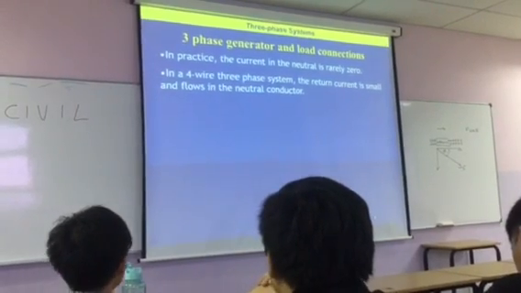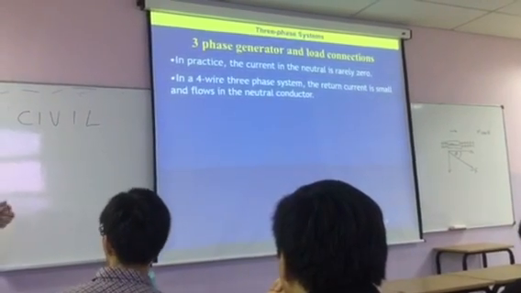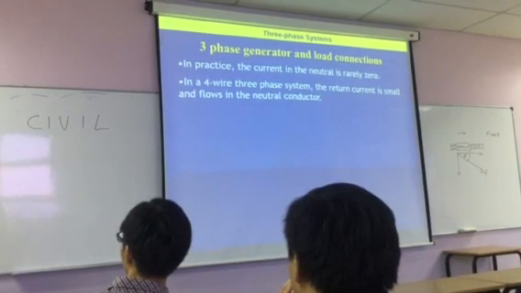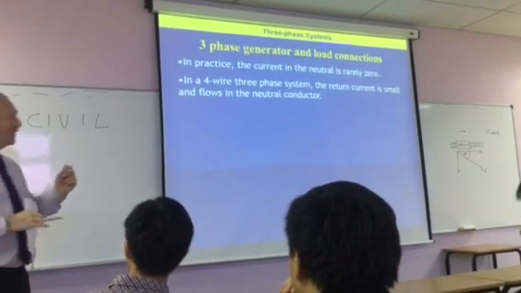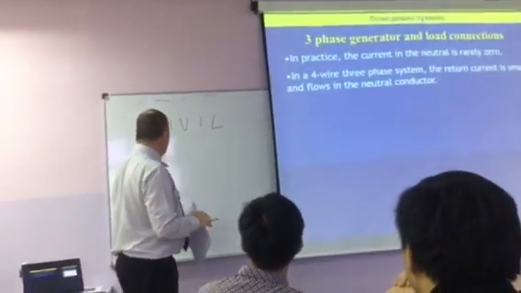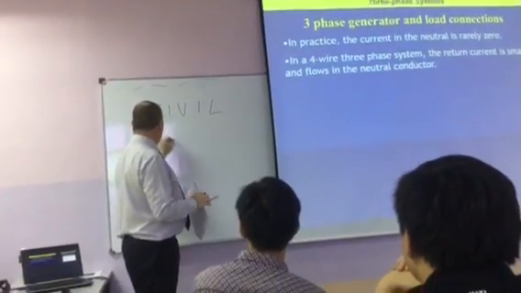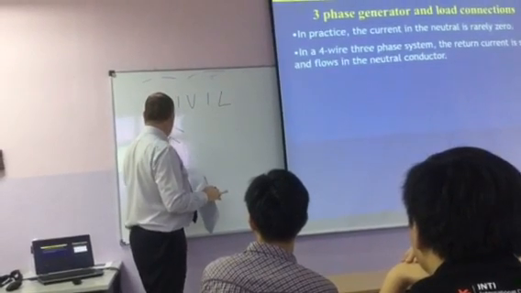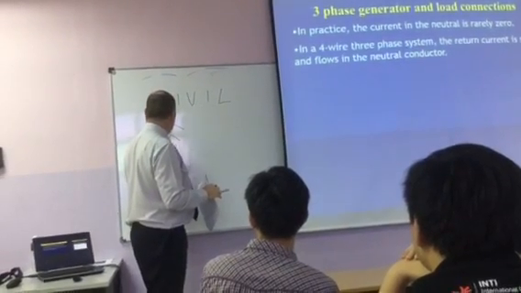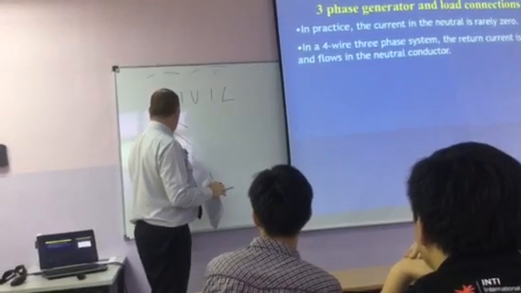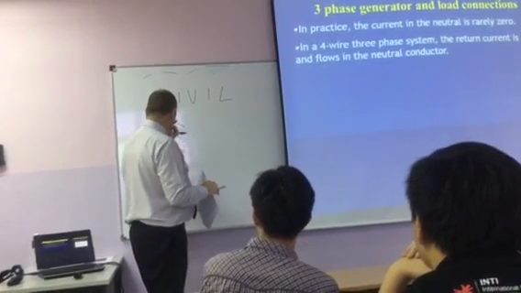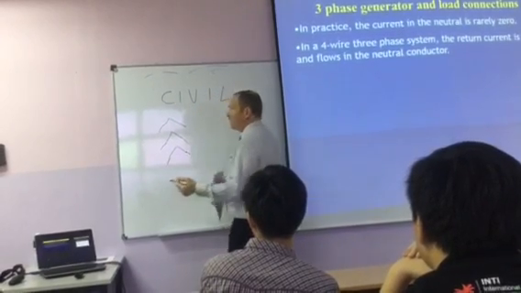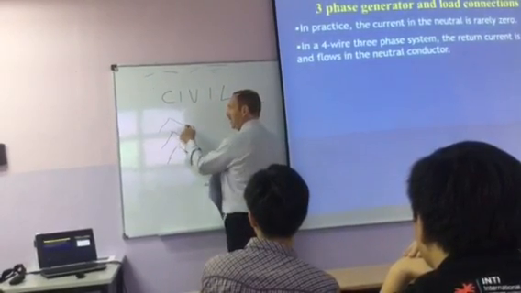Now again, drawing a little diagram. My apologies, I don't think we can see any power lines outside the window. But in the UK, for power distribution, what we tend to get is basically something like that.